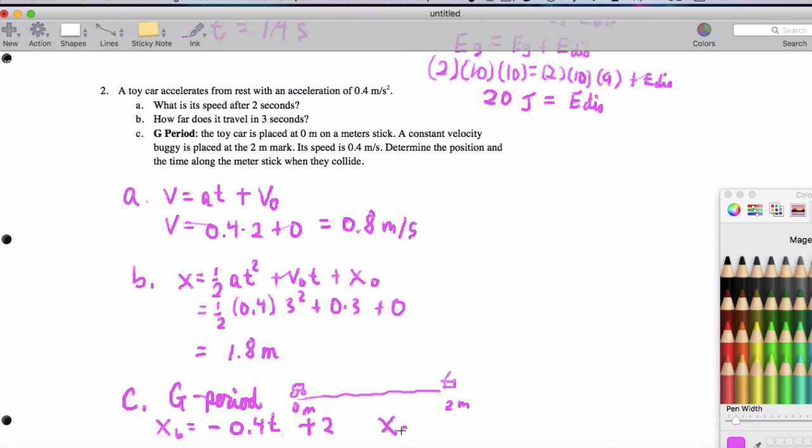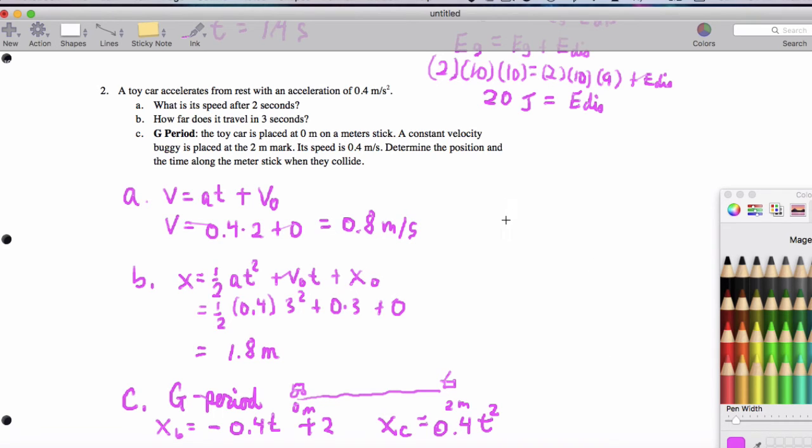And x for the car is going to be 0.4 times t squared.